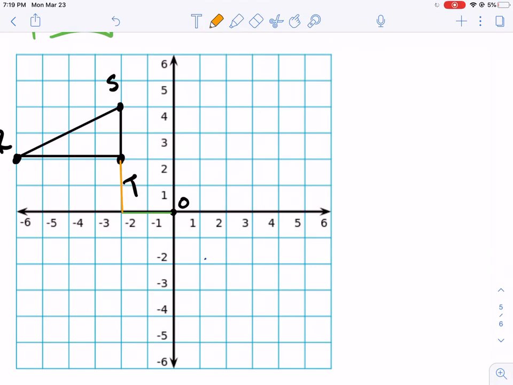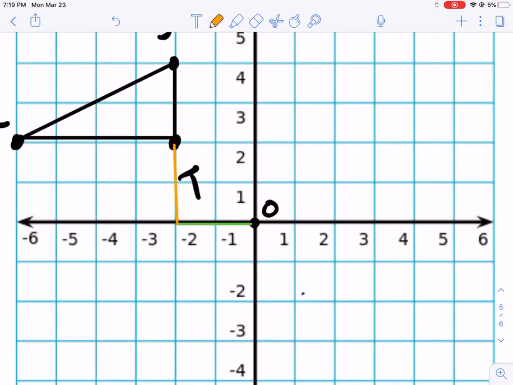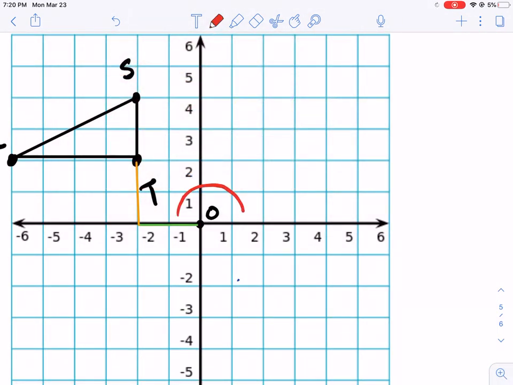Okay, so I have my first support built. It's 2 units to the left, 2 units up. Now what happens if I rotate this green line 180 degrees? It's going to end up over here, and my orange line is going to end up down like this.